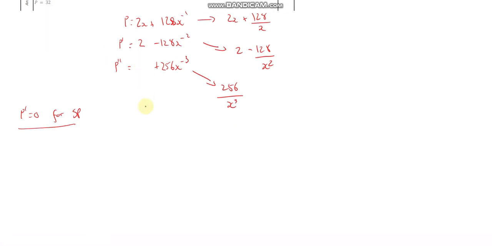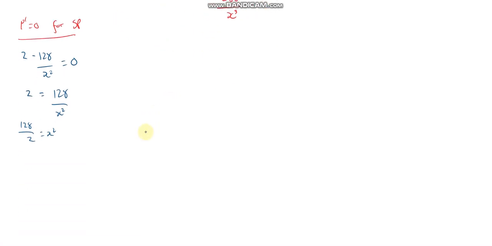So let's take my differential, which is 2, take away 128 over x squared, that equals 0. 2 is equal to 128 over x squared. So I will do 128 over 2 is equal to x squared. Going to give me 64 equal to x squared. So x is going to be equal to 8, or it could be equal to negative 8.